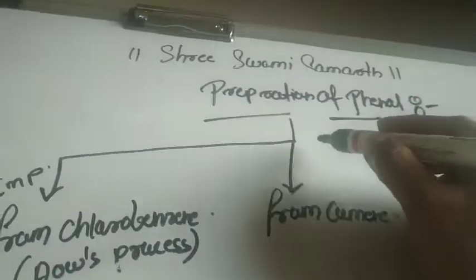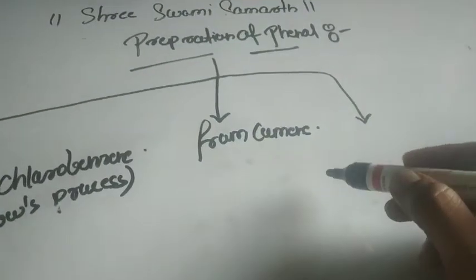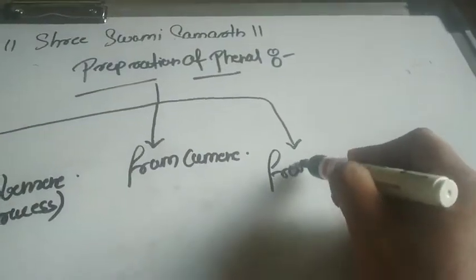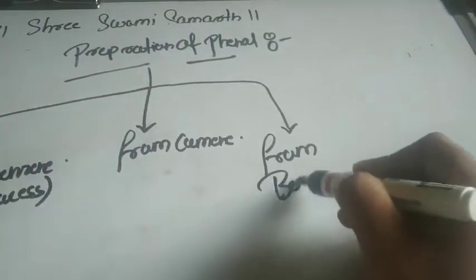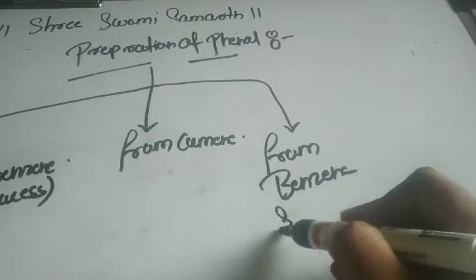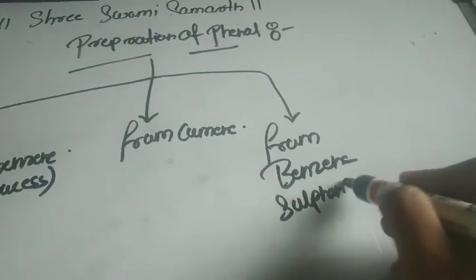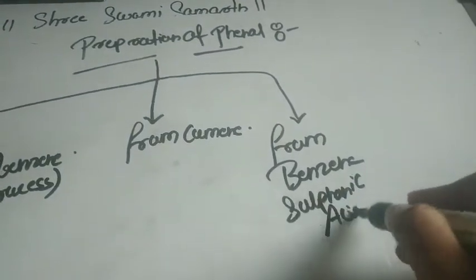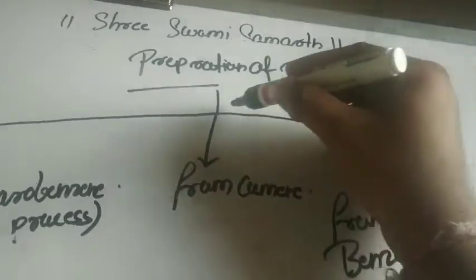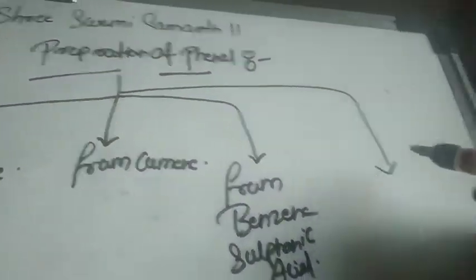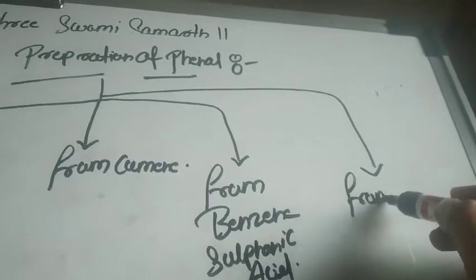Then the third method of preparation is from benzene sulfonic acid. Then the last method of preparation is from aniline.